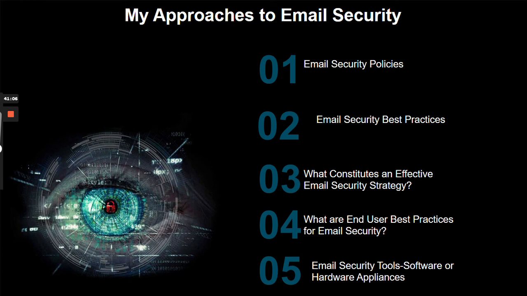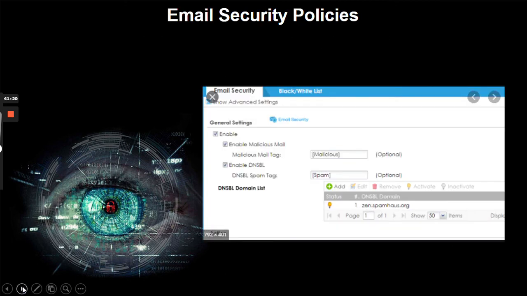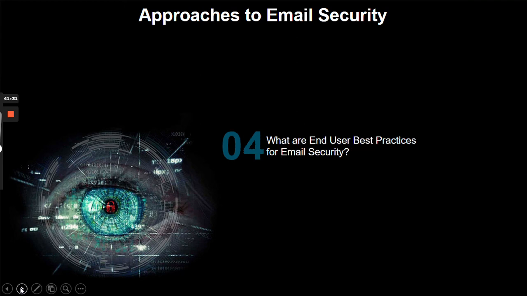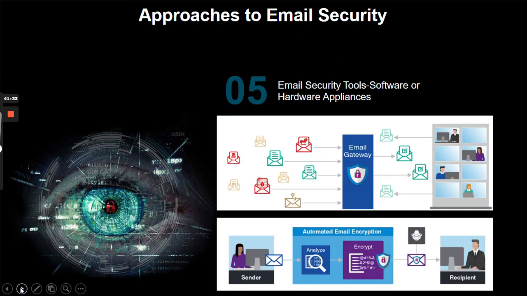Next thing that we want to quickly look into is email security tools, software or appliances. As I mentioned before, we have security policies, we have our best practices, we have looked at what constitutes an effective email strategy and end user best practices, and now we're looking at security tools or software appliances.